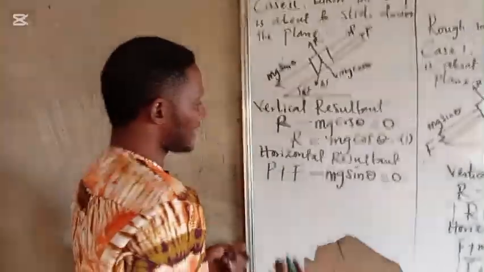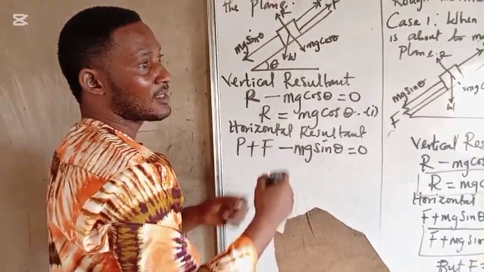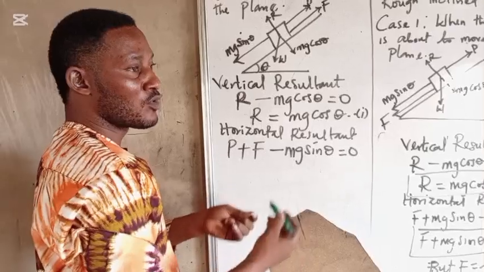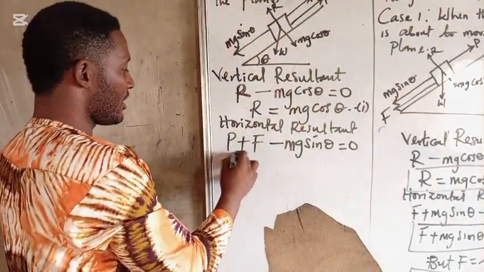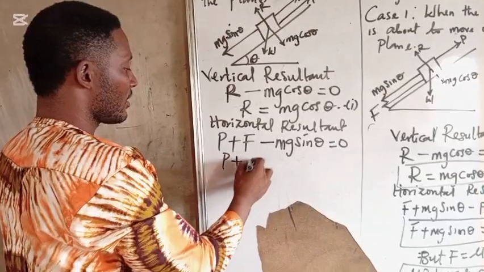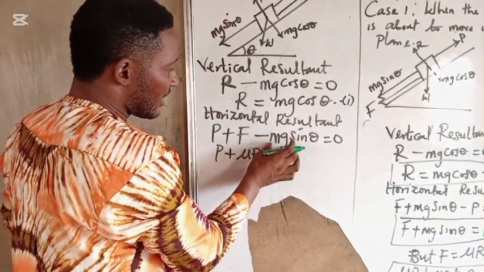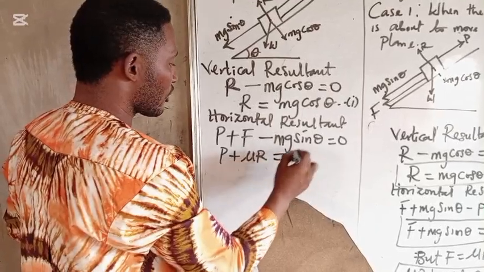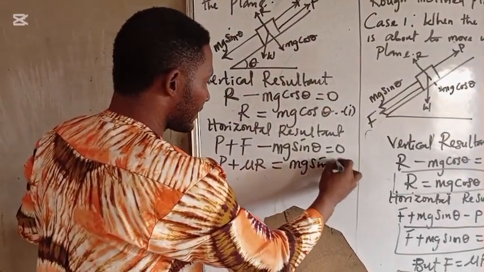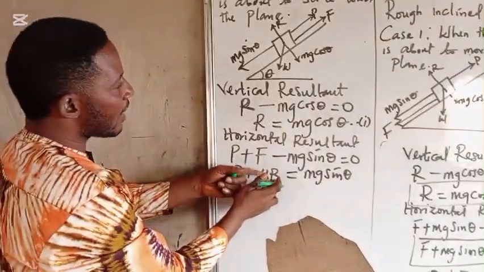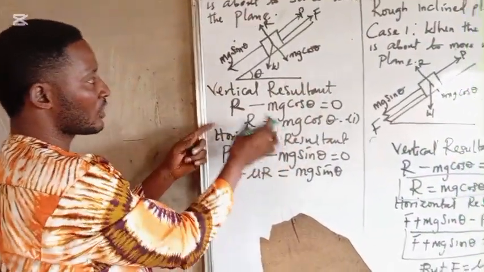Remember, we've established the fact that F equals mu R, where mu is the coefficient of static friction, times the normal reaction. So we can have together P, which is the pulling force, plus mu R. Remember, F equals mu R. Now we can transpose this to the other side. That equals mg sine theta. But then we know that R has been expressed to be equal to mg cos theta initially through the vertical resultant.